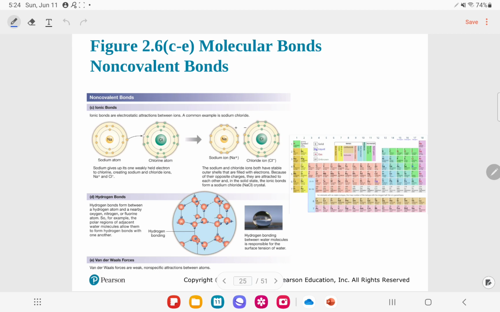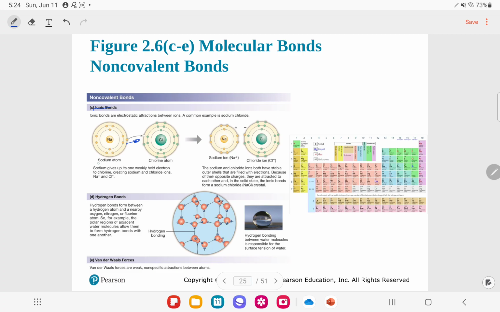And so this again just goes over the non-covalent bonds, right? So ionic bonds, right? These are electrostatic attractions between ions, where we are gaining or losing an electron, okay? So you can see that, look at this sodium right here. It lost an electron to chlorine, so chlorine gained an electron.